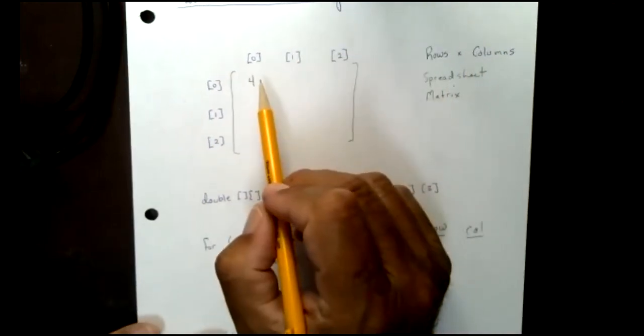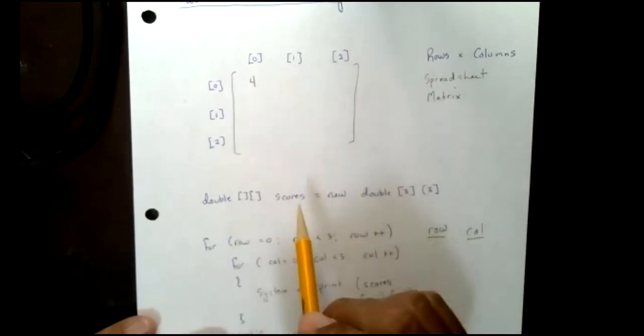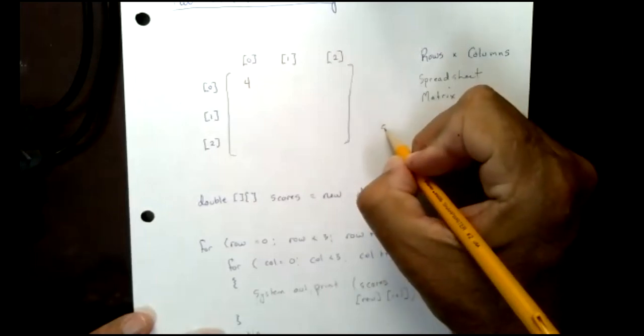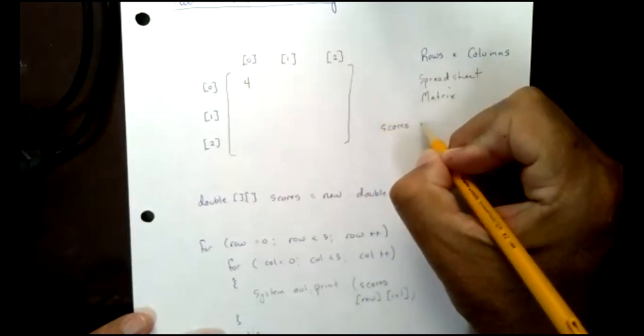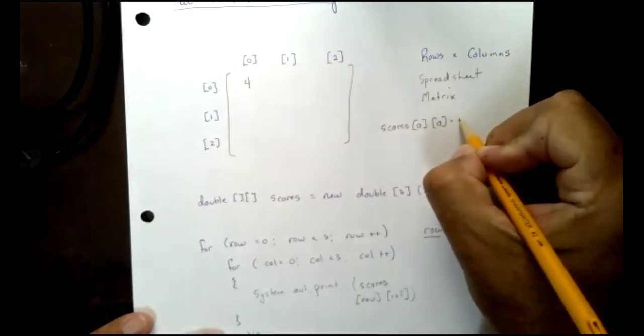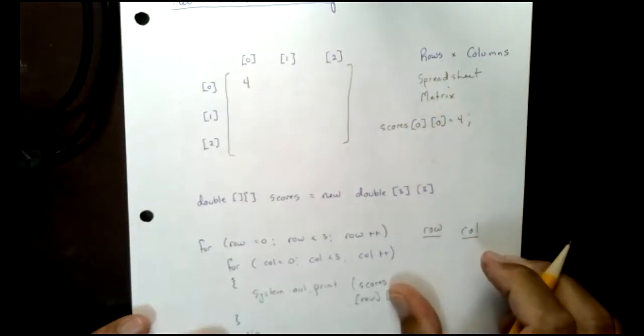So at this moment right now, if I called this matrix scores, this guy right here would be scores sub 0, 0 equals 4.